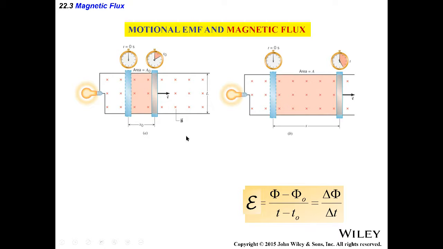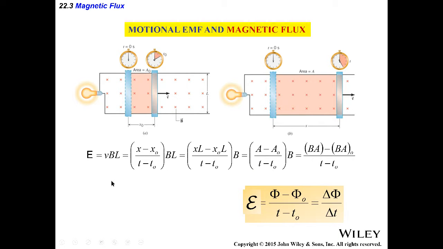And now we would like to know what is the electromotive force, the EMF, and I quickly change that to a script E. The amount that the engineers and scientists have figured out is V, whatever is the velocity, B, whatever is the magnetic field that you have, and L is the length of this rod.